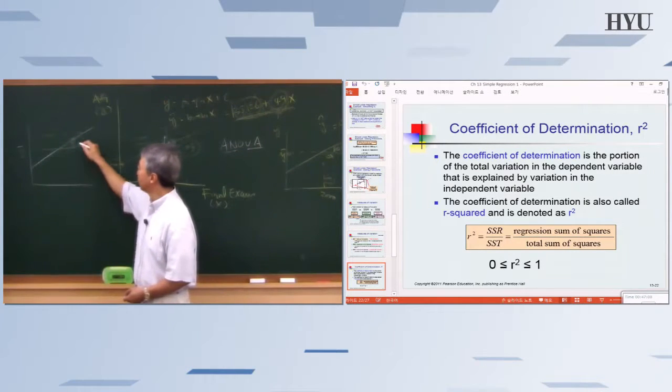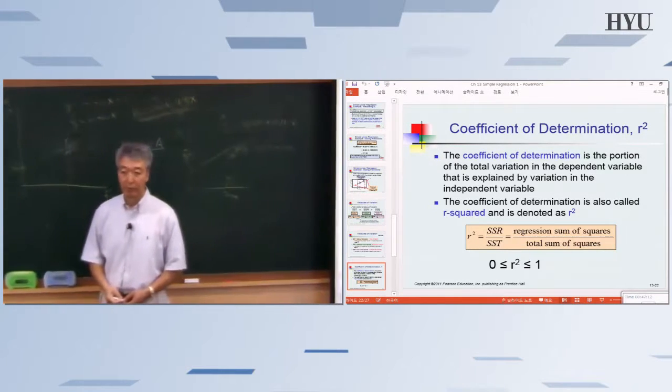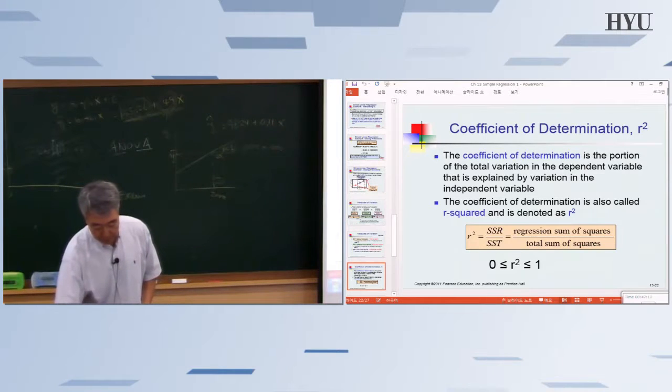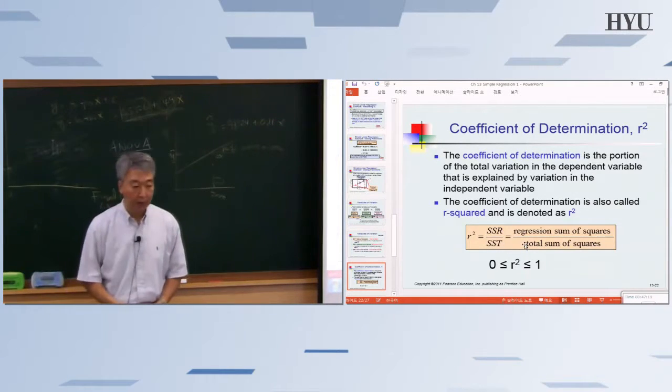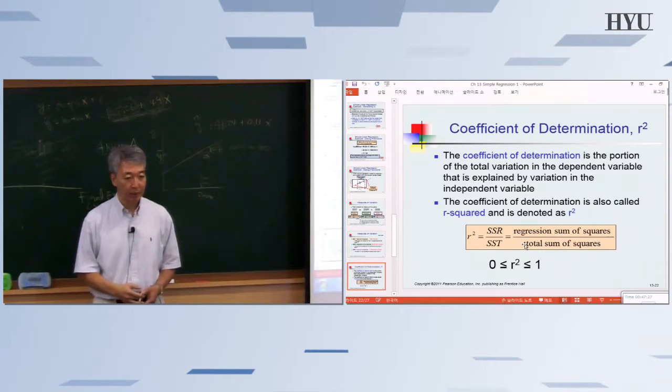The unexplained deviation will be very small. So in the ratio SSR divided by SST, SSR will be almost as large as SST, like 0.8 or 0.9.